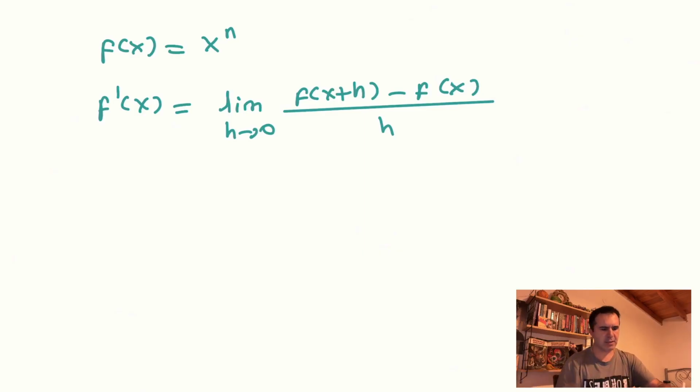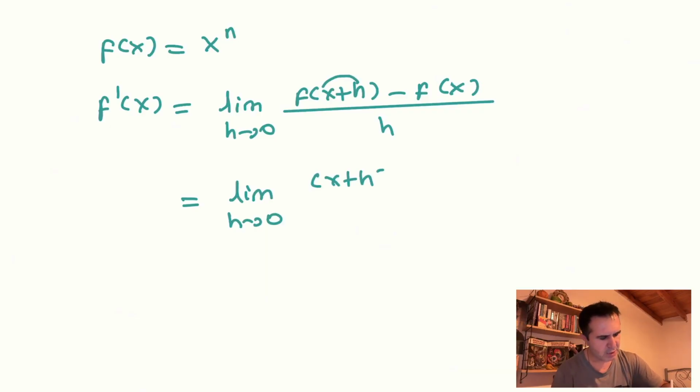And since our function here is x to the n, this is equal to the limit as h goes to 0 of (x plus h) to the n minus f of x, and f of x was x to the n, over h.